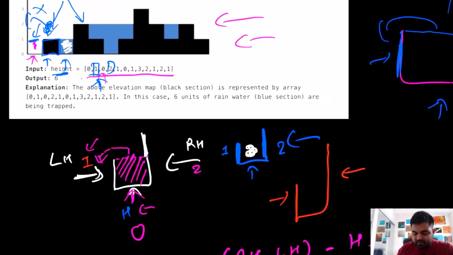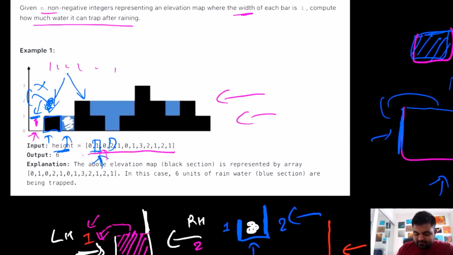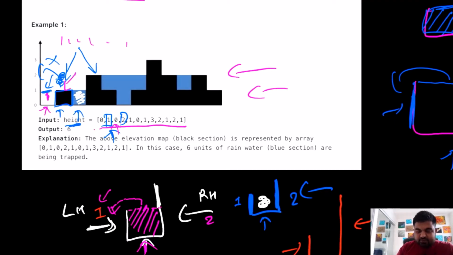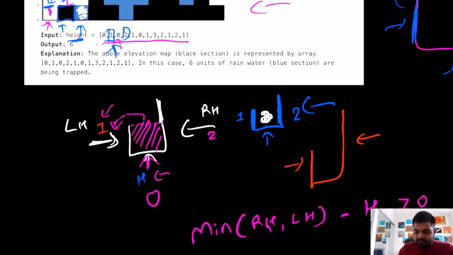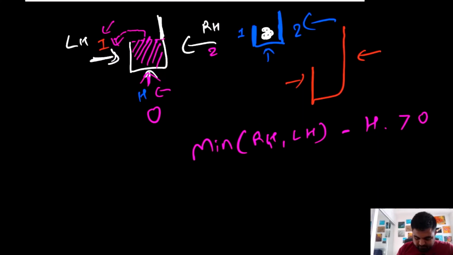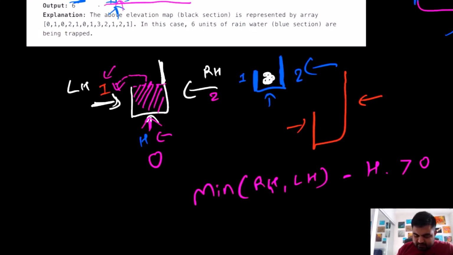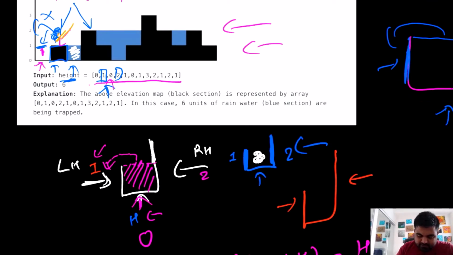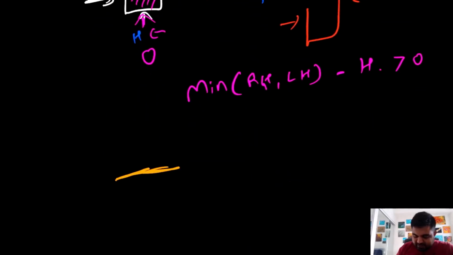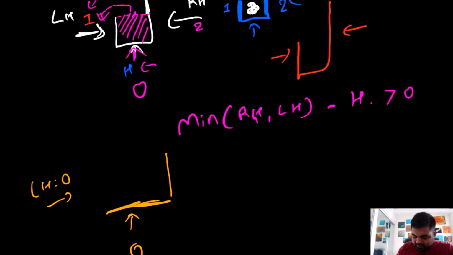Like let's say, for example, why at this first position we are not able to fill any water. If we see both the values at this particular position, on the left side the left height was actually 0, the height at the current position was also 0, and the right height was actually 1.